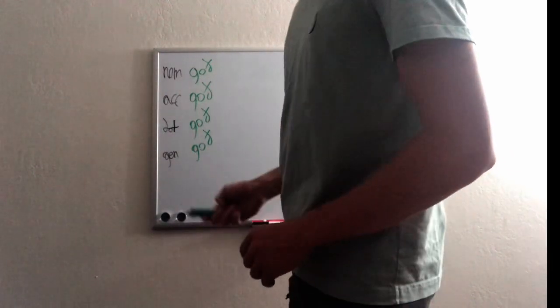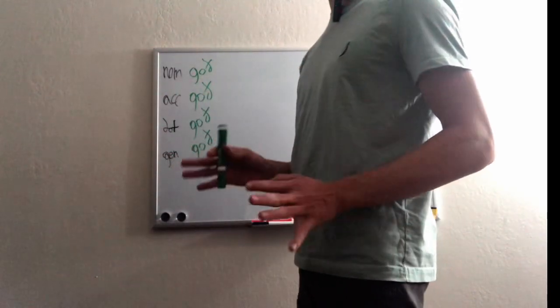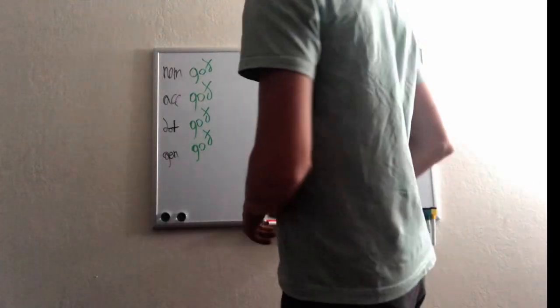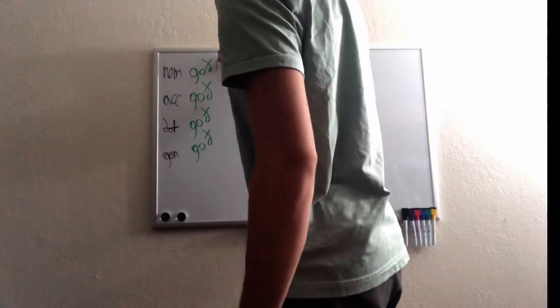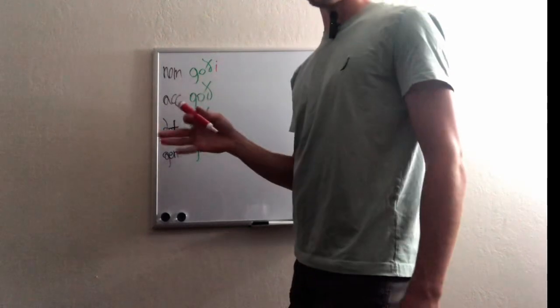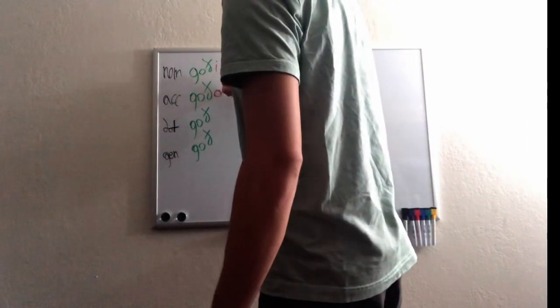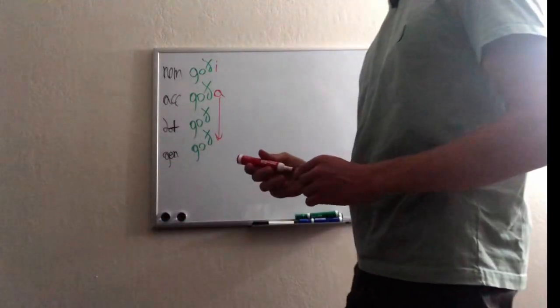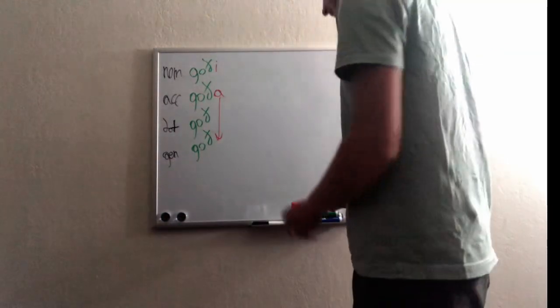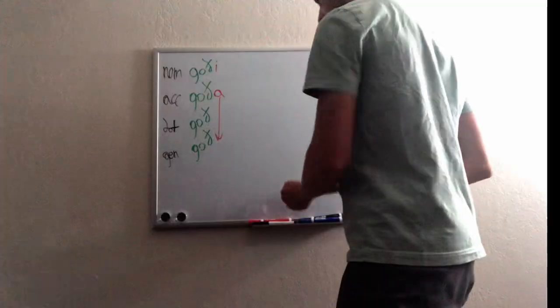These are super basic endings, thankfully. In the nominative, we have an I, gode, and then everything else after that is an A. I mean, that is super simple compared to all the other things you have to memorize.